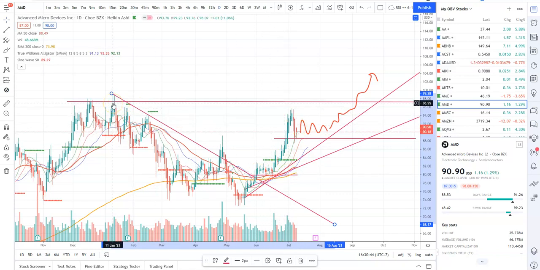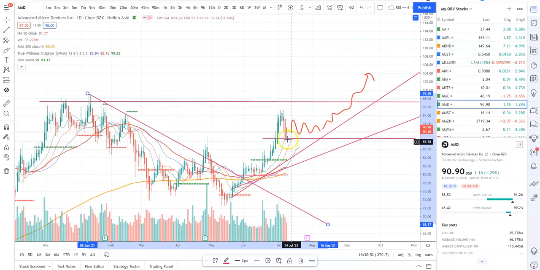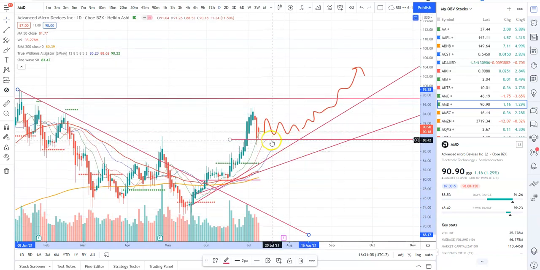So this was a pretty nice consolidation from early January. So again, 6-7 months of consolidation and breaking out. So there's definitely a chance for AMD right now to continue up and break out of this upper resistance that's been in place since late 2020. So that's kind of what I'm looking at on AMD right now.